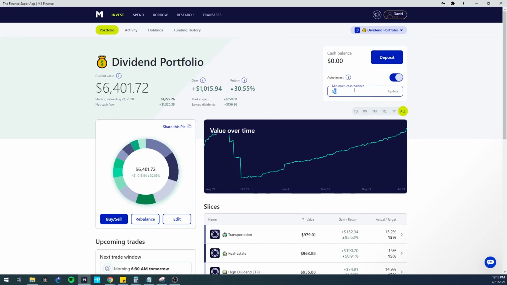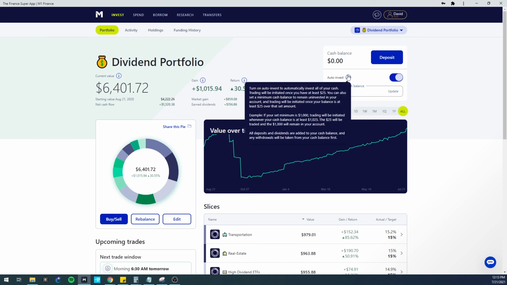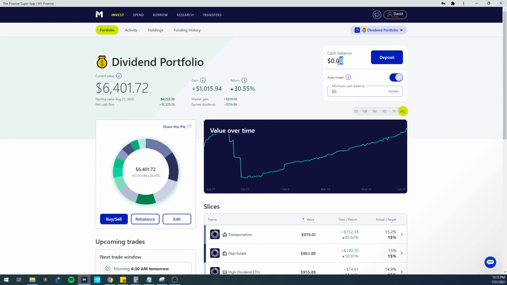Now, why did I mention automation, which is the core principle behind M1 Finance? Why did I have to set up that buy order myself? The reason is that M1 Finance will not do an automated execution or buy unless this cash balance is $25 or more.